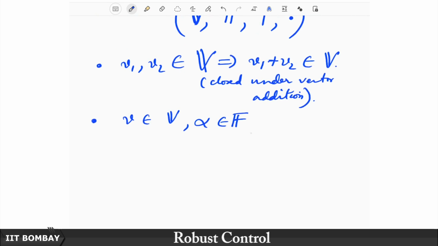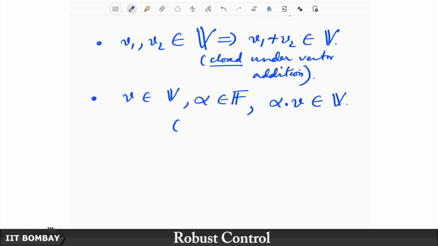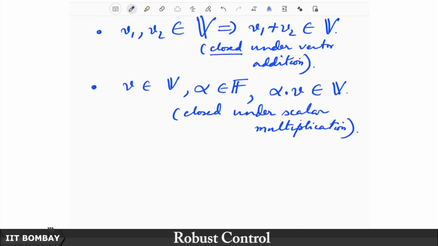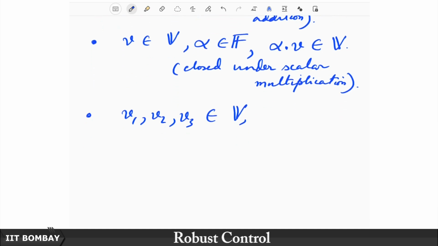Then we have that alpha times v, the scalar multiplication, will also belong to the set V. This is called closed under scalar multiplication.